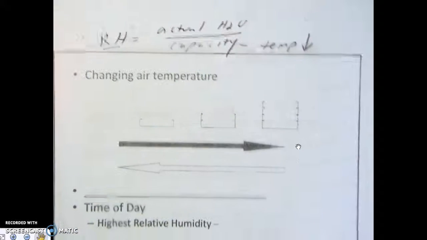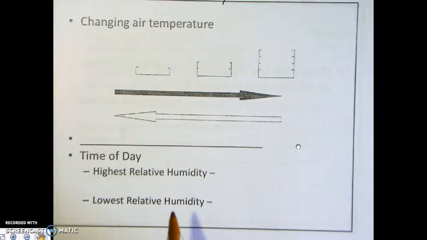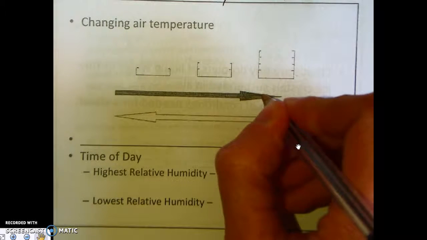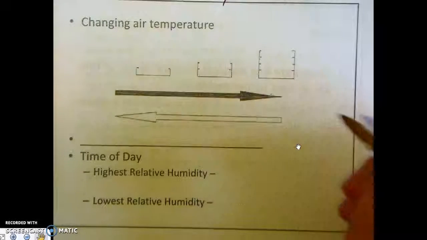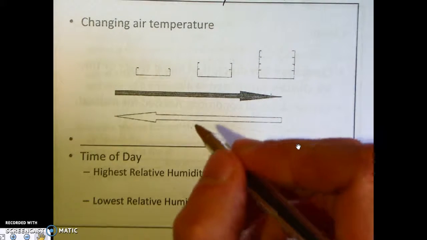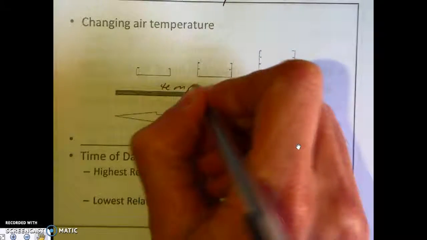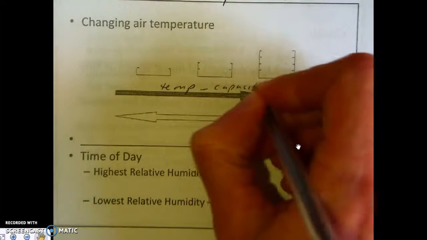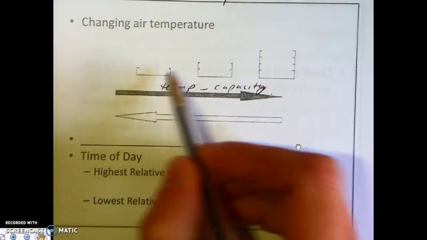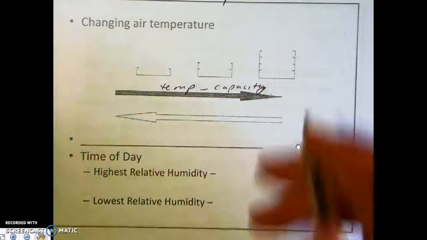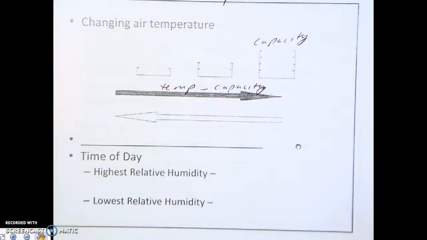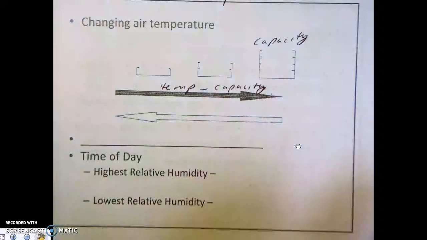So if we take a look at this relationship in more detail, if we start out with an increasing temperature, temperatures increasing throughout the day, so I'll label this temperature, the capacity is also increasing. So if we pretend that these little containers are air, the capacity is increasing as the temperature rises. This is a pattern that we see daily.